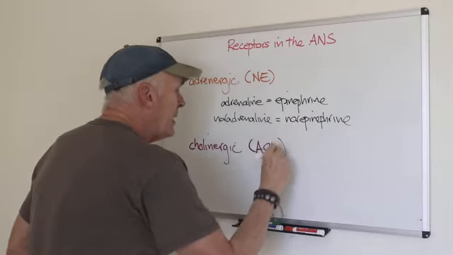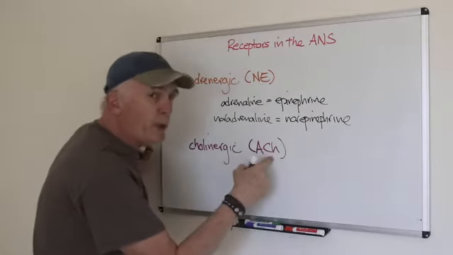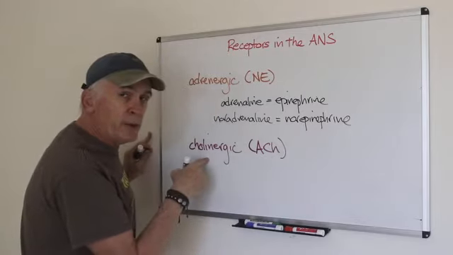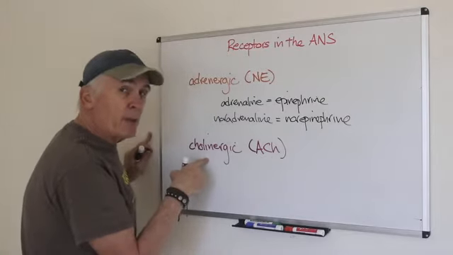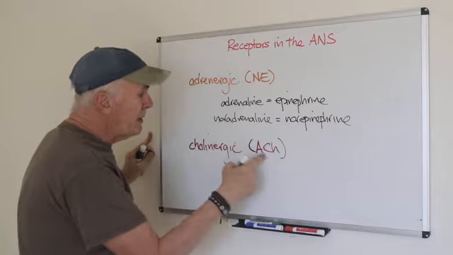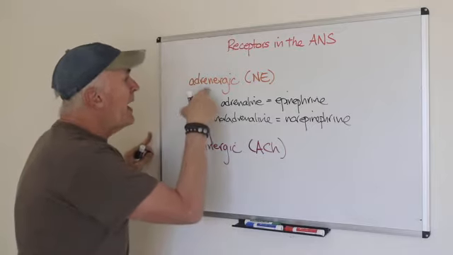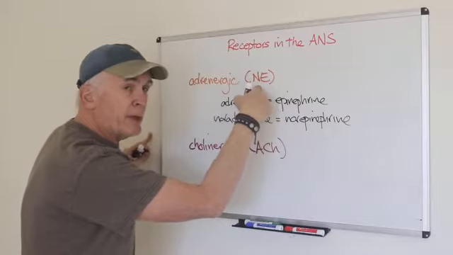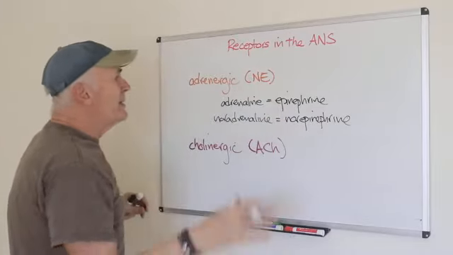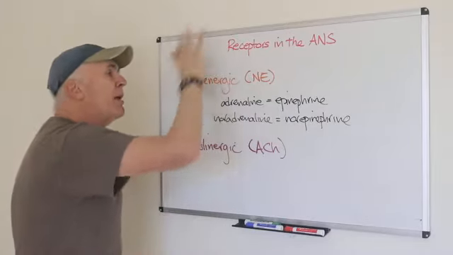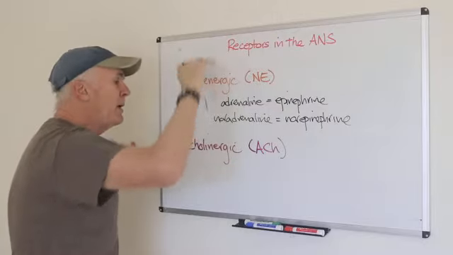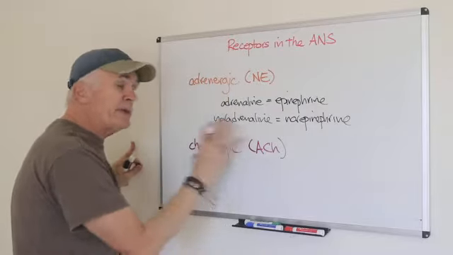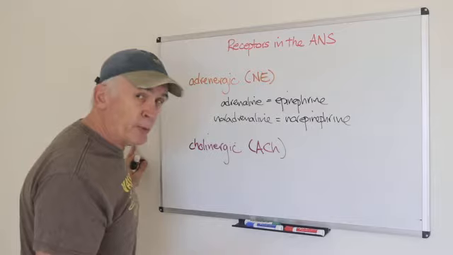Look at the name, acetylcholine, cholinergic, okay? So get it? Acetylcholine, cholinergic. Adrenergic, noradrenaline, which is the same as norepinephrine, all right? So really it's the adrenergic, epinephrine, adrenaline group, and the cholinergic, which is the acetylcholine group.